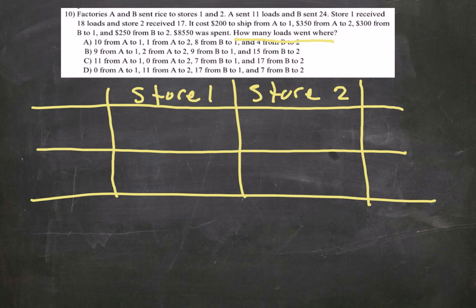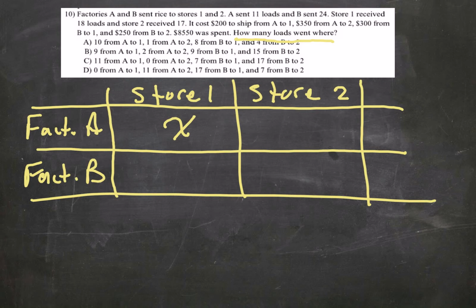And then we have Factory A, and then we have Factory B. So let's see what we have here. I'm going to label, because the question says A sent 11 loads and B sent 24 loads.